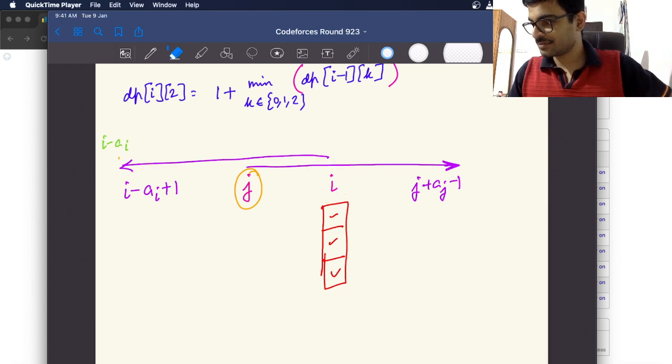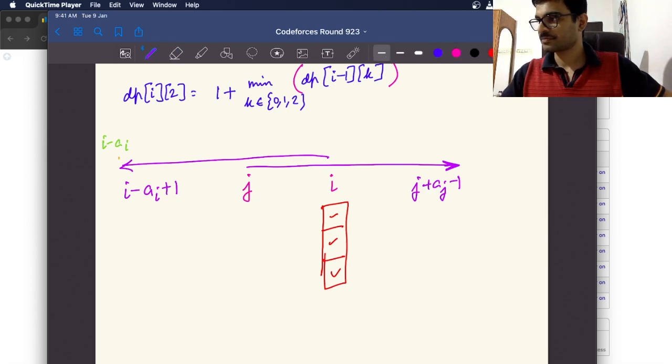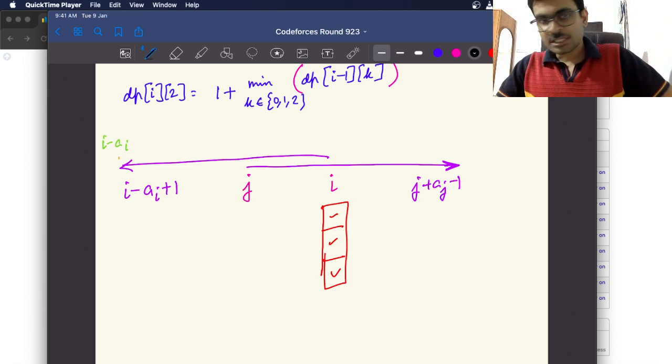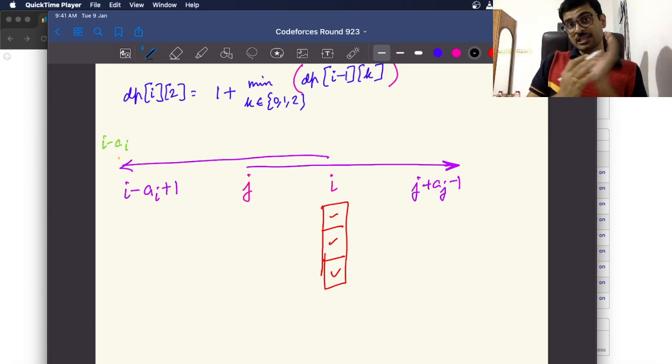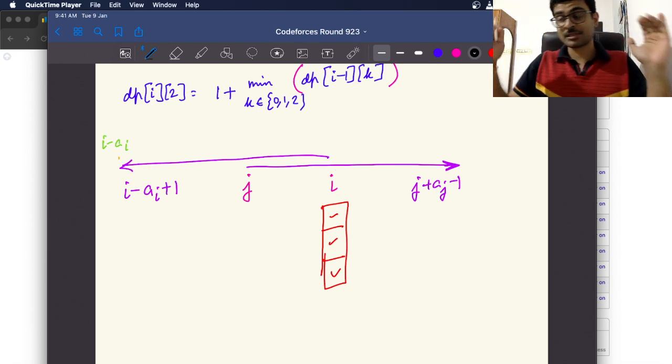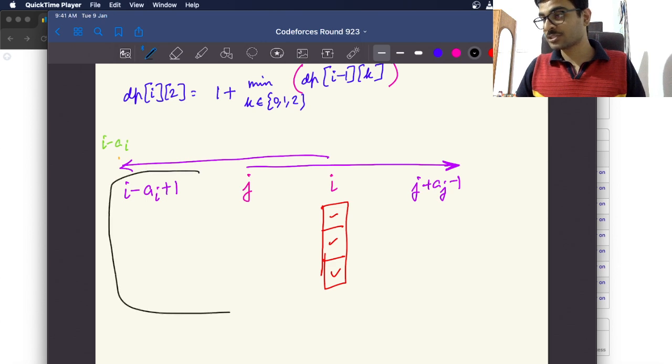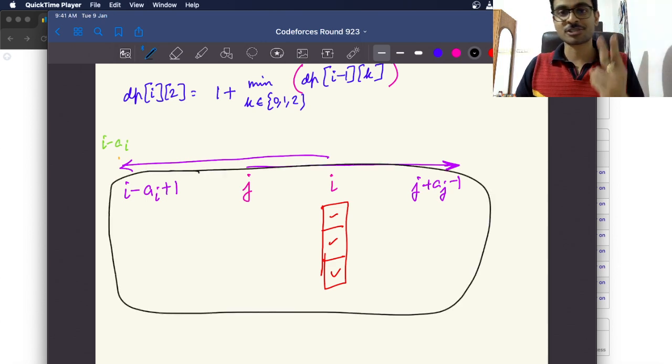So basically, this is I, this is J. It is possible that if J covers the right and I covers the left, the right elements and the left elements covering I, they may give better answers. They may help covering a lot of elements. They can cover all these elements with just 2 elements, with just cost equal to 2.